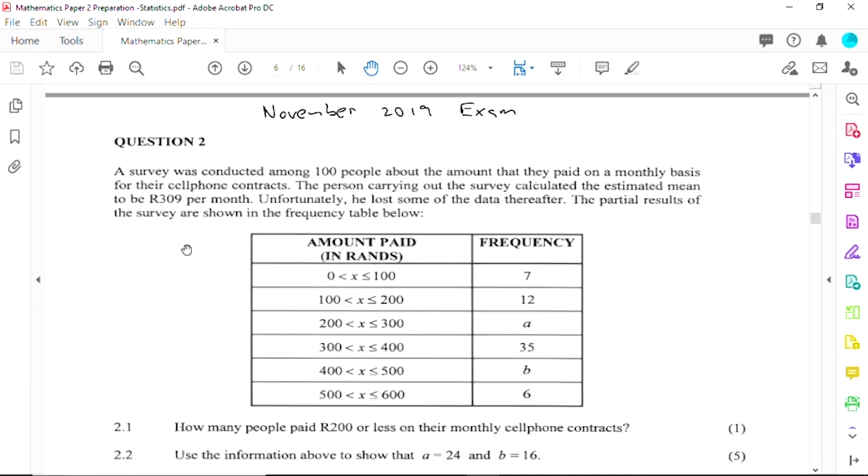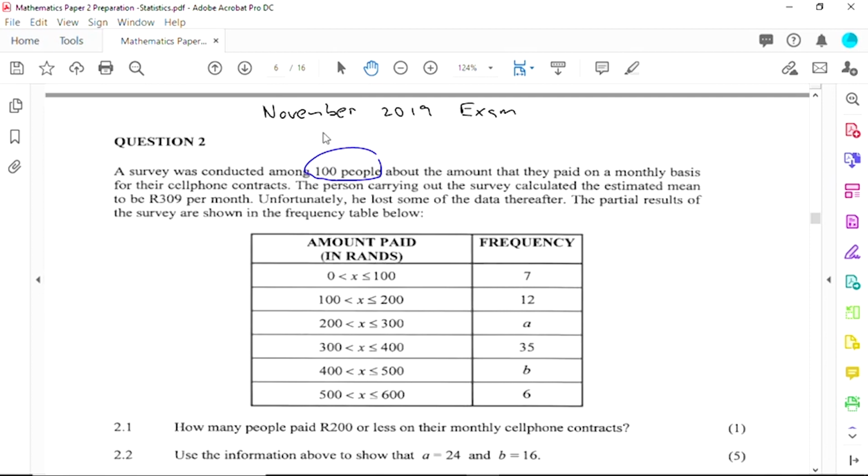Option number 2. We have a survey which was conducted among hundreds of people. So here the number of people is hundreds. It was about the amounts that they pay on a monthly basis for their cell phone contracts. The person carrying out the survey calculated the estimated mean to be 309 per month.